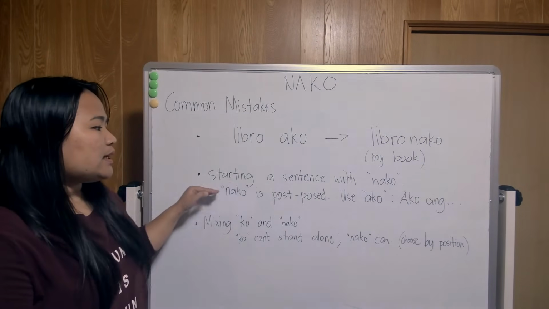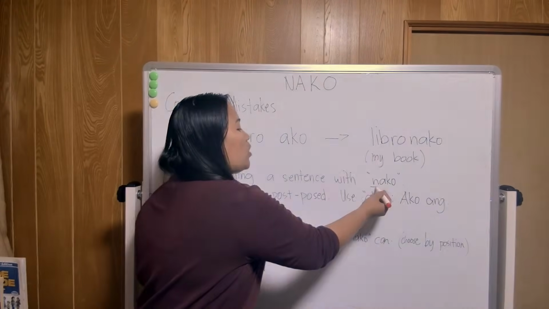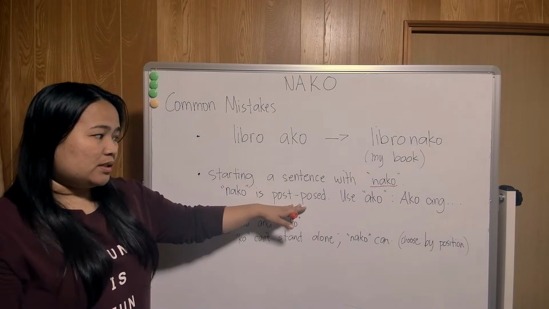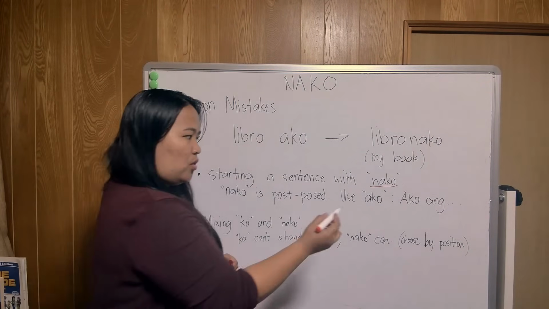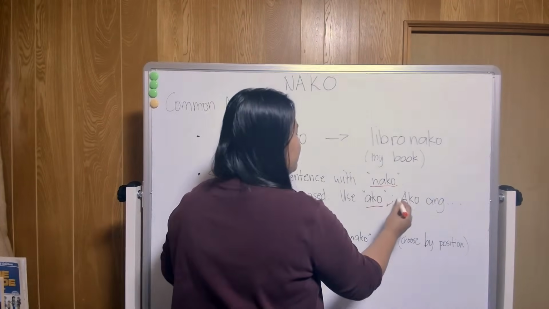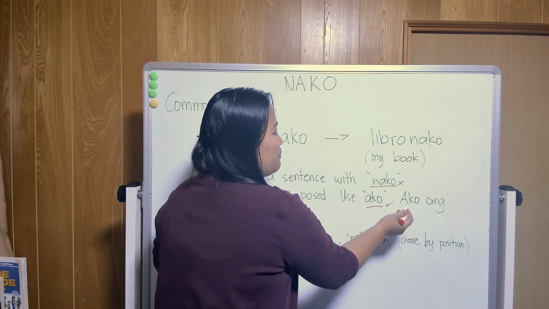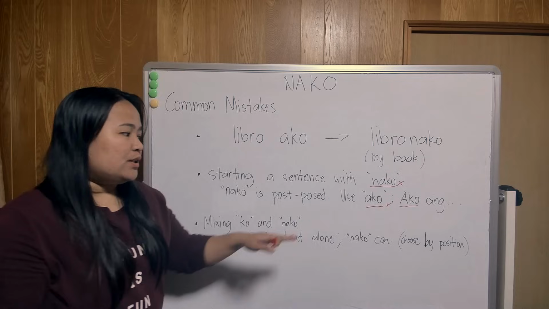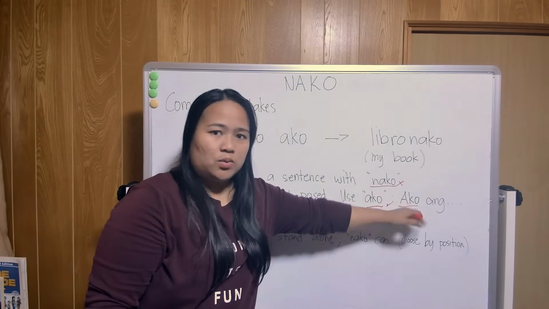Next is starting a sentence with nako. Nako is postpositive, so use ako. This is the correct one. For example, ako ang. You start with ako.